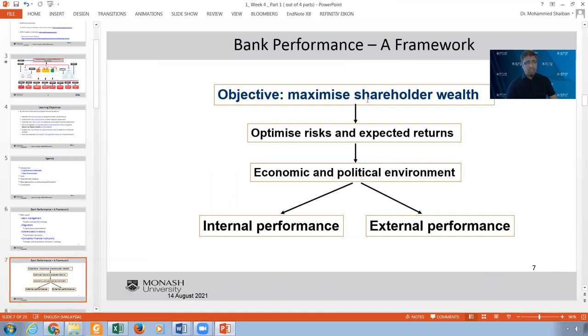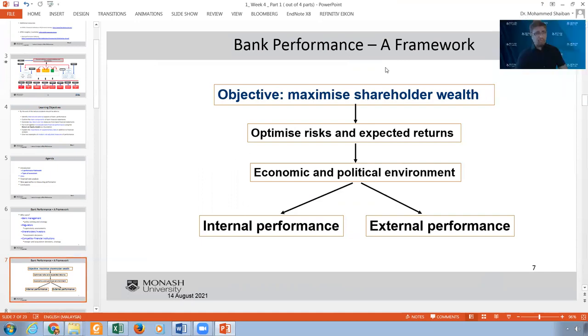Now, this is the framework. And when we come to the materials, this is the framework actually. And the main purpose of bank management is to maximize the shareholders' wealth, which is this box. Now, this one, we can increase only by more return, but also that return should take into consideration the risk.